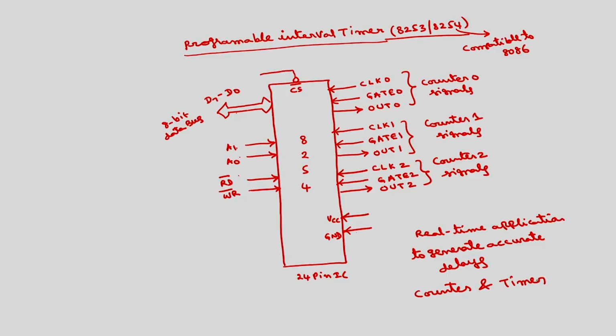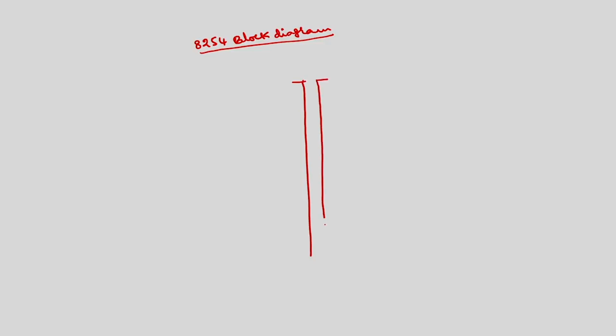Okay. If you look inside, at the 8254 architecture or block diagram, you have the data bus buffer, and this is the internal bus.